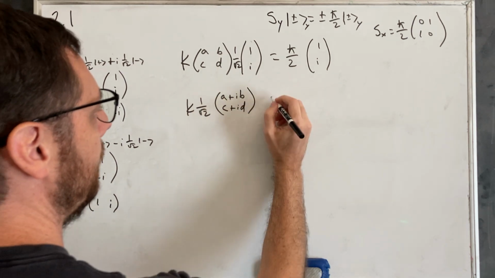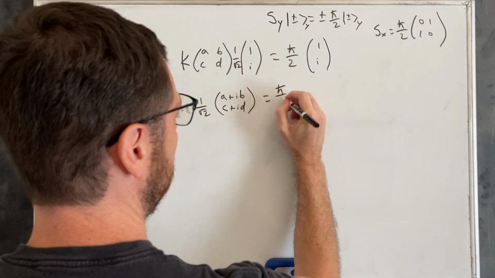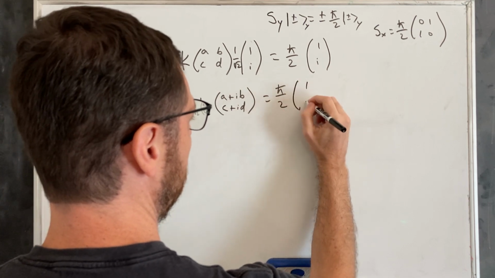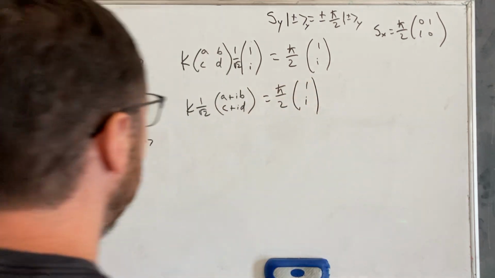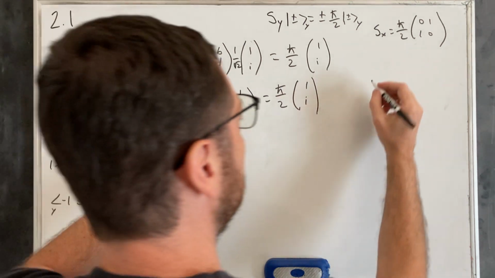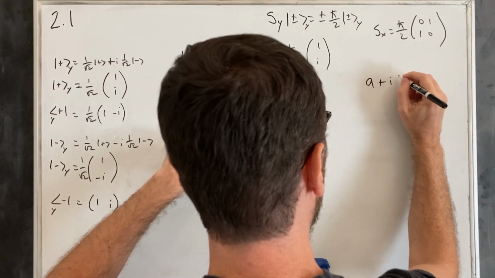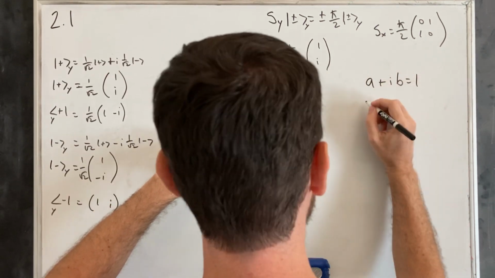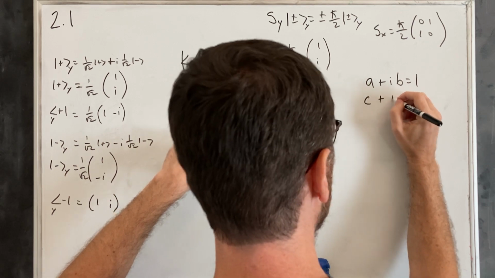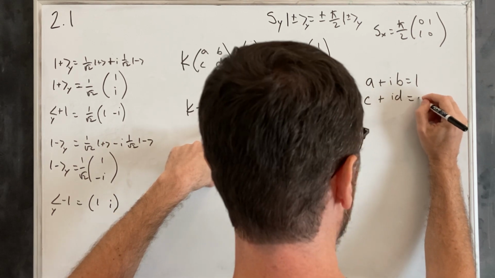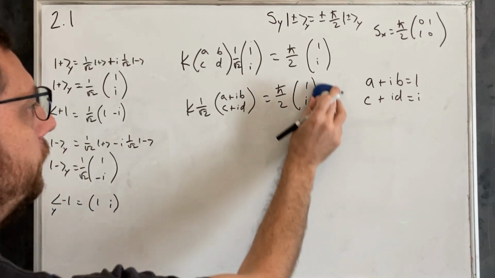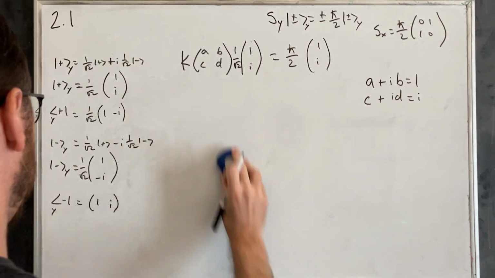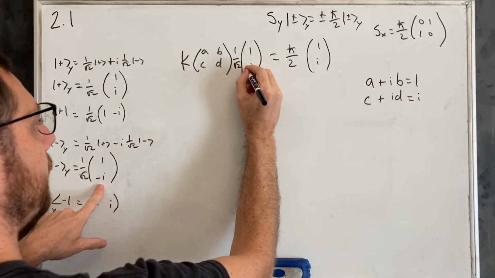Okay, and then again, that equals h bar over 2, 1 and i. So we can see here that a plus ib is equal to 1. c plus id is equal to i. All right, and now we'll do the down. So it'll be 1 and negative i.